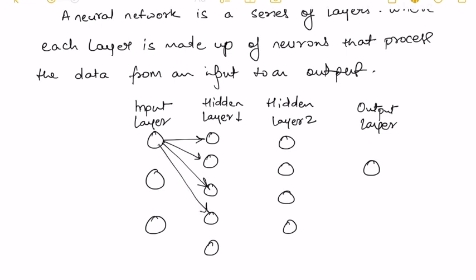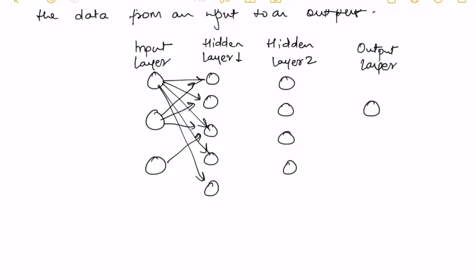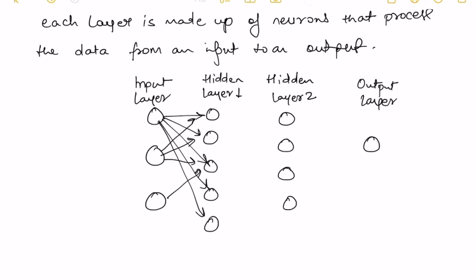So every neuron in hidden layer 1 will get inputs from each neuron from the previous layer, which was the input layer. So all of these values will go into all of these neurons, right? And each of these neurons has the same mathematical function that we just saw for a neuron.